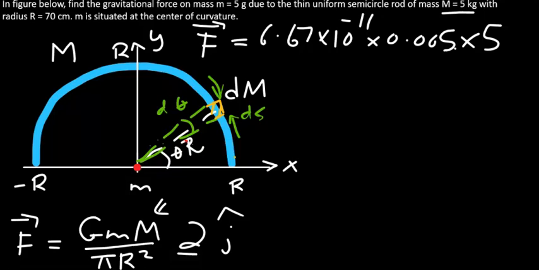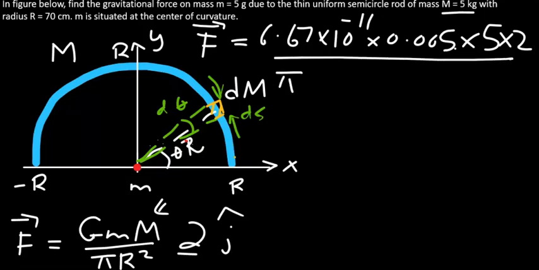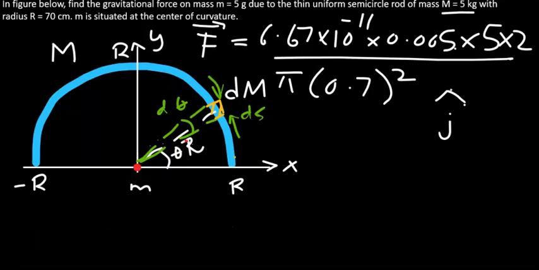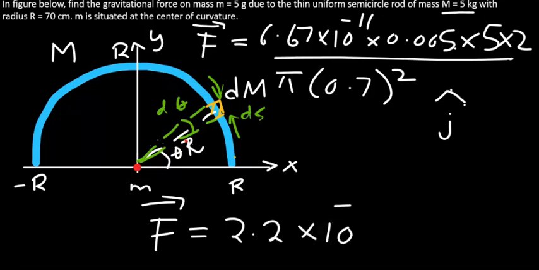Let's not forget about that 2, so times 2 over pi, and r is 70 cm, so changing that into meters, 0.7 meter squared. And of course the direction of this force is j hat. The final answer, when you do the calculation, will turn out to be 2.2 times 10 to the power minus 12 Newton in the direction of j hat.